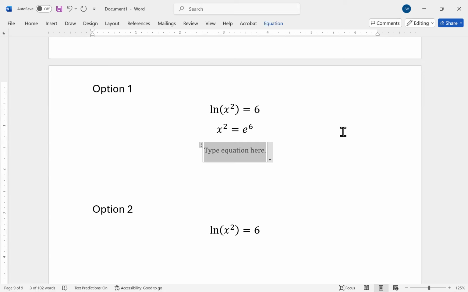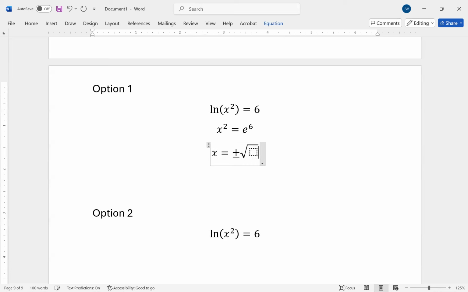Now, when I have x squared is equal to e raised to the 6th power, this gives me x is equal to either the positive or the negative square root of e to the 6th. Now, the square root of e to the 6th is e to the 3rd.